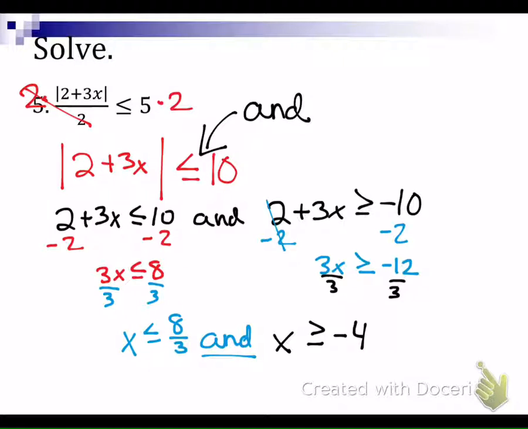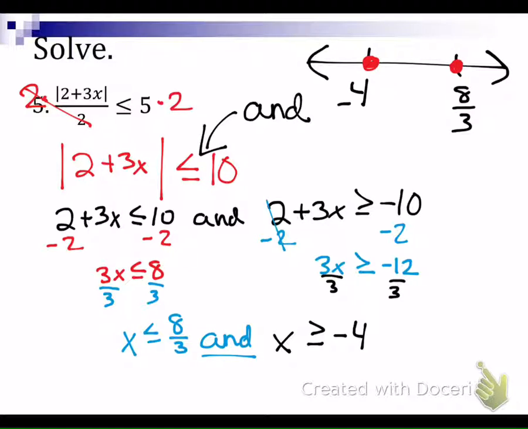Boom. Let's graph these. All right, negative 4 is to the left of 8/3, right? Yes. Okay, open or closed? Closed.